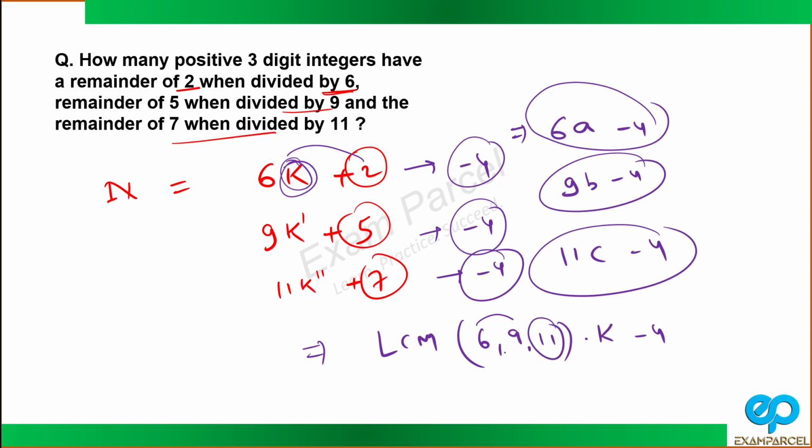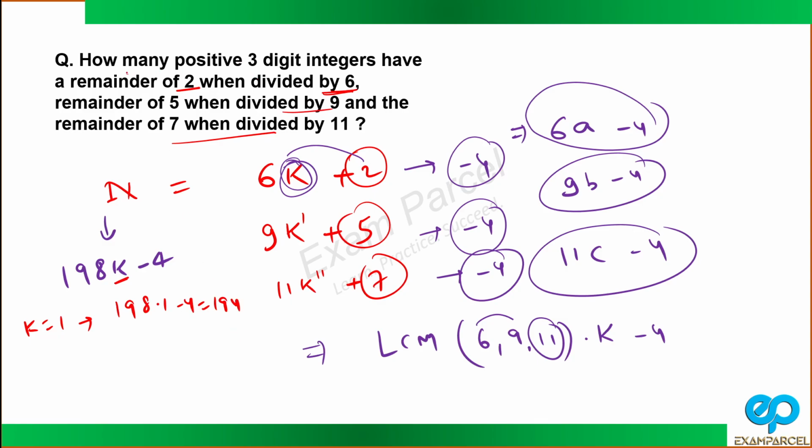So 11 into 18, that will be 180 plus 18, 198. Okay. So my number is of the format 198k minus 4. Now I will keep on changing this value of k, and I will get new numbers. So k equal to 1 will give me 198 into 1 minus 4, that will be 194.